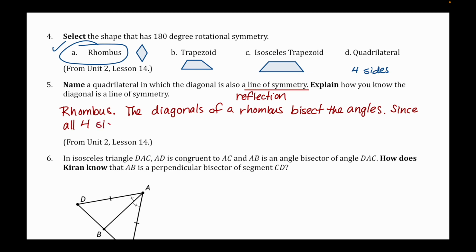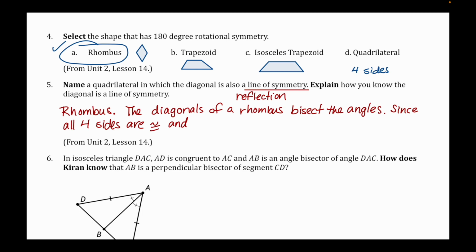Sides are congruent, and we also know that opposite angles are congruent.